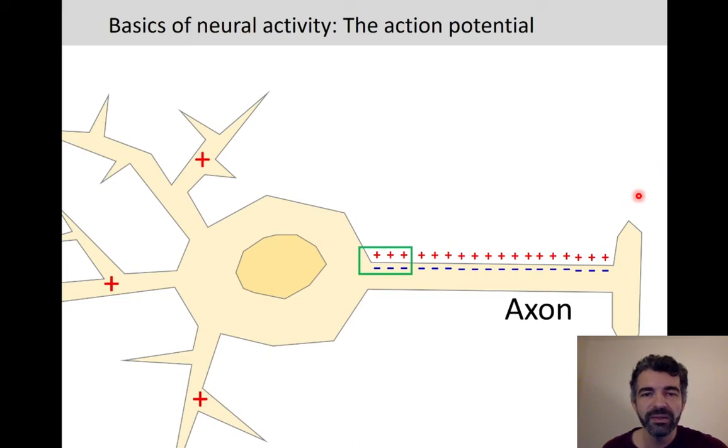So again, to zoom out and get a better idea of the big picture, let's say we have positively charged ions arriving at the trigger zone, opening the voltage gated channels, meaning this is the start of the action potential. There's no action potential yet here, it's really just happening here at the trigger zone at the moment. But because of this positivity arriving here, the next neighboring zone will also cause an action potential here.